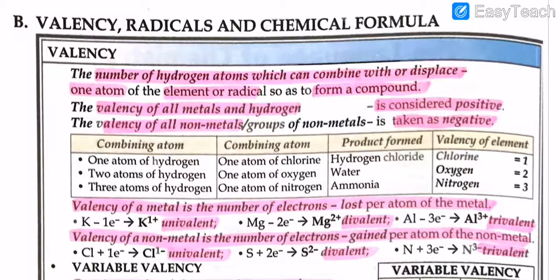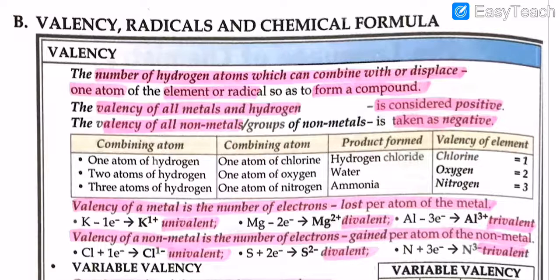Neutrons are neutral, right? So when I say something is positive, this definitely means the proton charge is more. So the valency of a metal is the number of electrons lost.